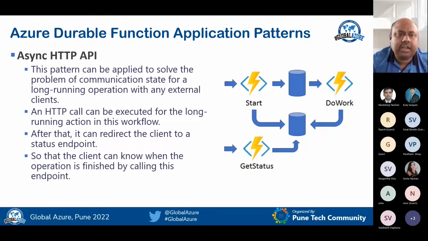In that case, one HTTP call is executed for the long-running workflow, and after a certain time interval, Azure Functions checks the status of that long-running process. Once the status is completed, it moves to the next step. Otherwise, it keeps waiting.